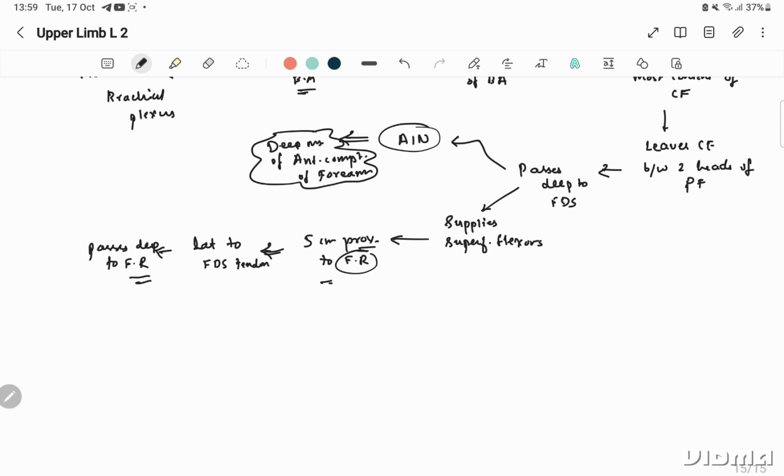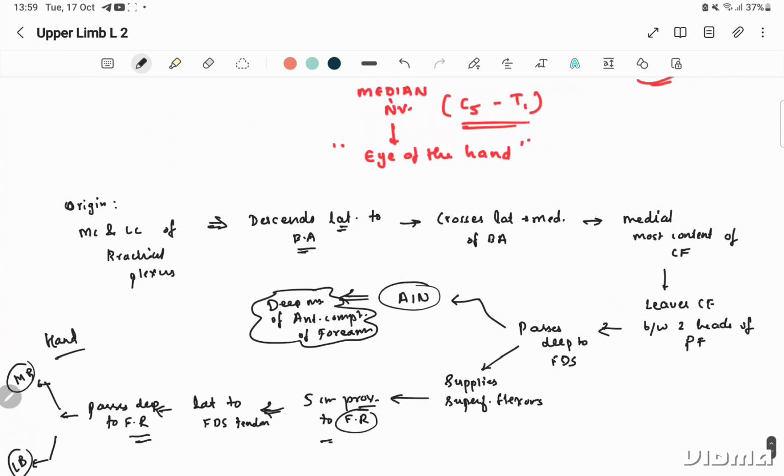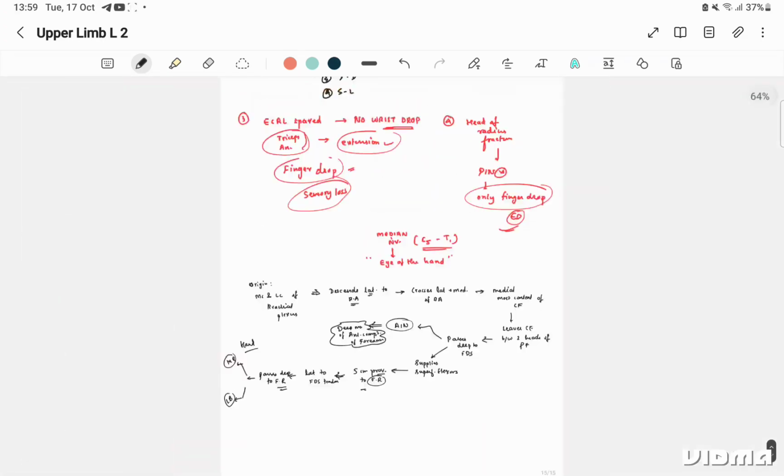A superficial branch is also there. Then in the hand it divides into a medial branch and a lateral branch. Okay, so this is the whole course of your median nerve.